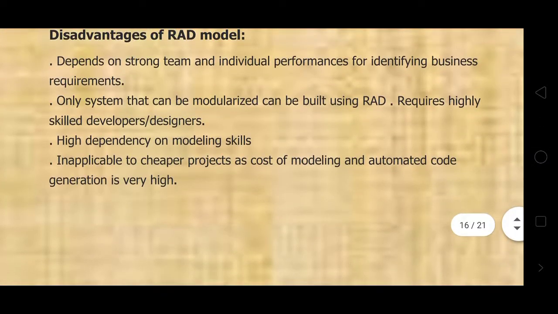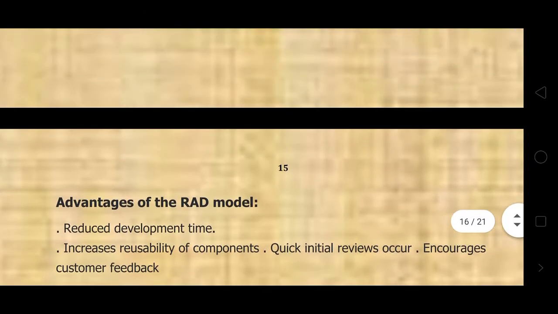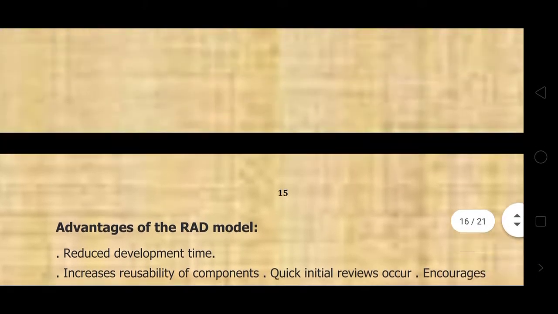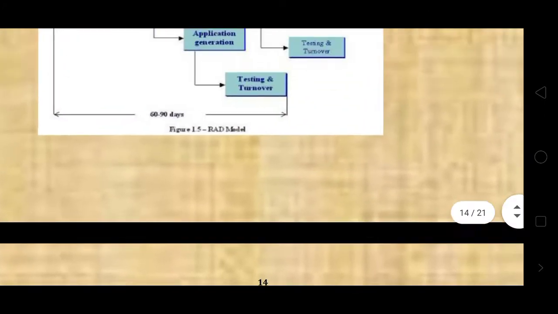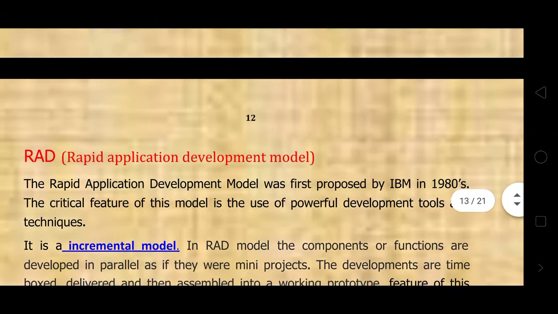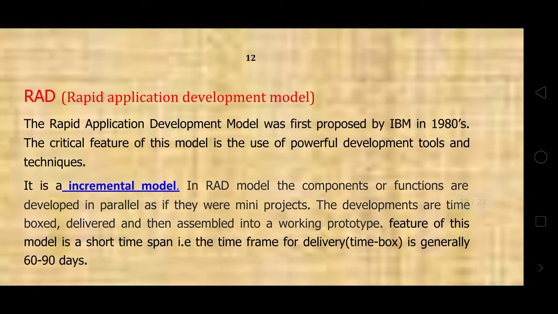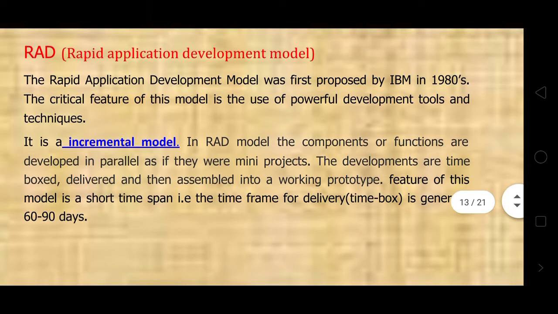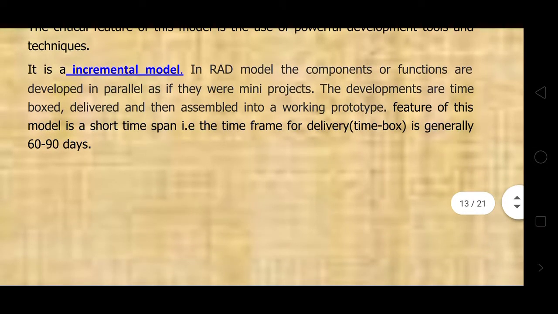So, today's topics: the first one is the RAD model, rapid application development model. The rapid application development model was developed in 1980 by IBM. It is also called the incremental model.